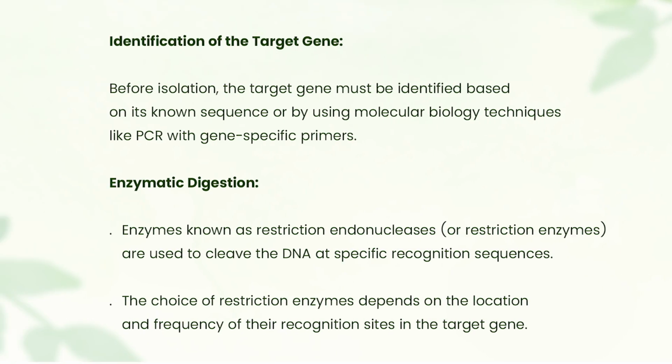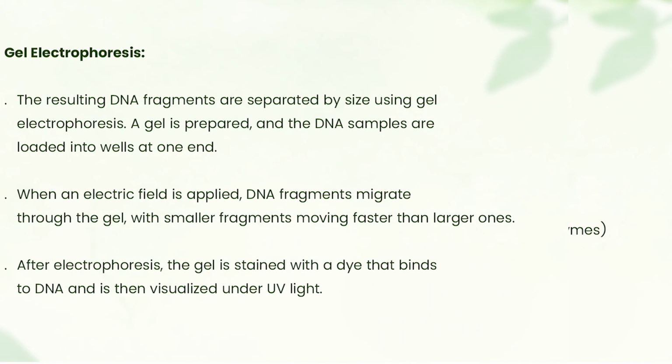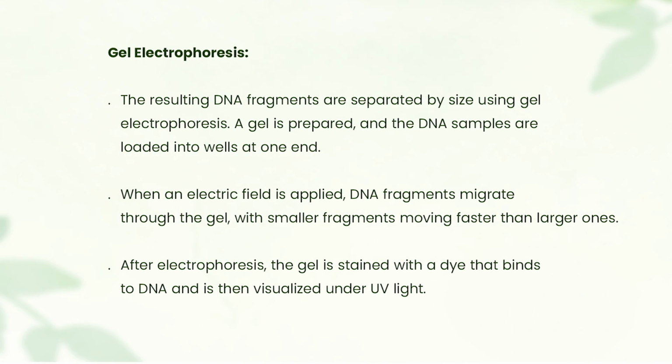For enzymatic digestion, enzymes known as restriction endonucleases, that is restriction enzymes, are used to cleave the DNA at specific recognition sequences. The choice of restriction enzyme depends on the location and frequency of their recognition site in the target gene.